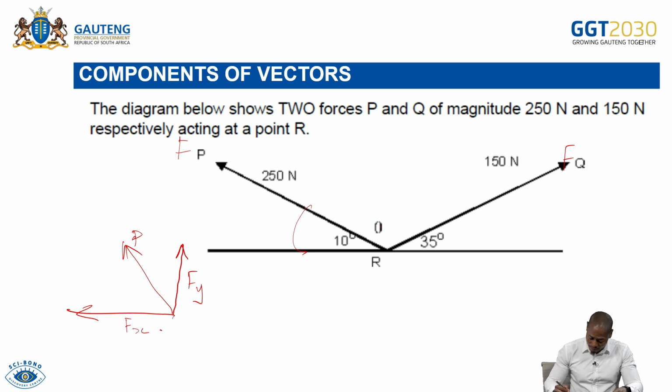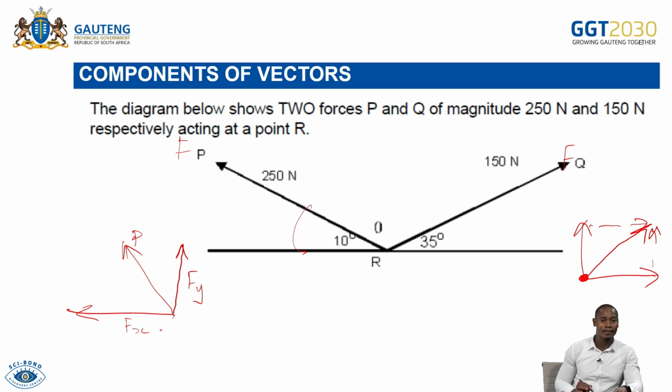For example, before we were having something like this. How are we going to draw our resultant? Complete the diagram. Your resultant is drawn from two tails to two heads. So if I have something like this, here I must have the head, and again here the head.